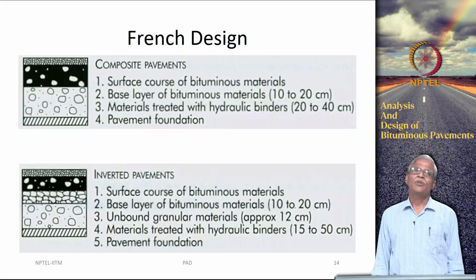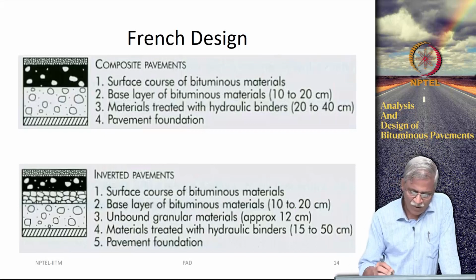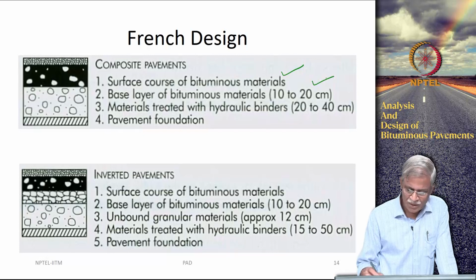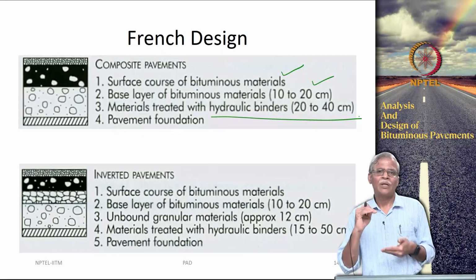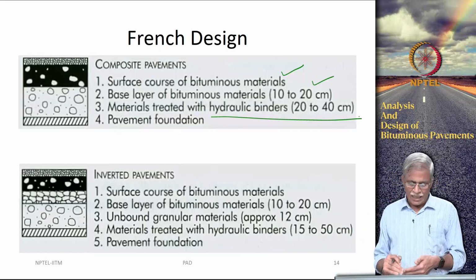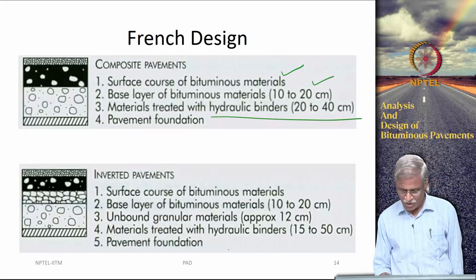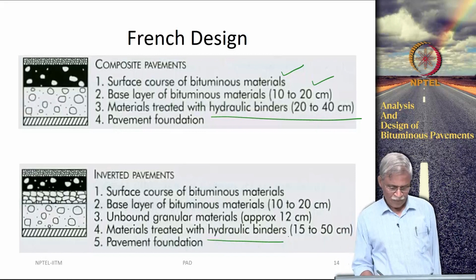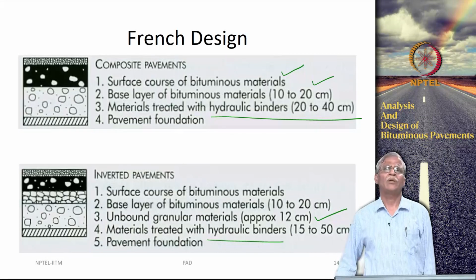In addition to that, the French people also have what is really called a composite pavement. So, you can have a bituminous surface and base layer, and then a 40 centimeter thick cement treated base. Okay. And again you can have what is really called the inverted pavement, in which the material treated with hydraulic binder is below, which has a lot more stiffness, and on top of it there is an unbound granular material.